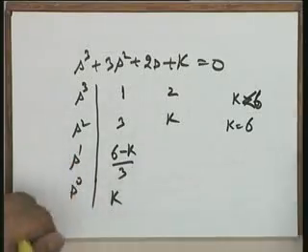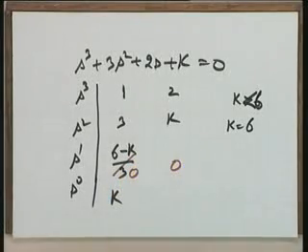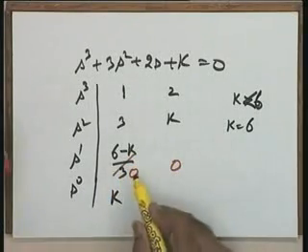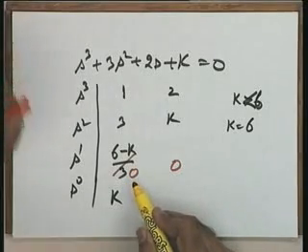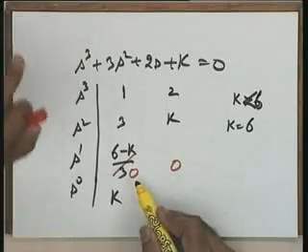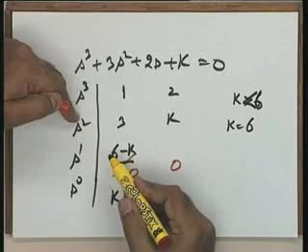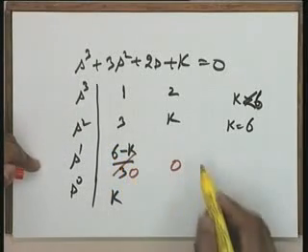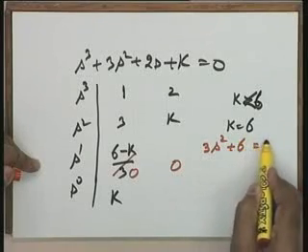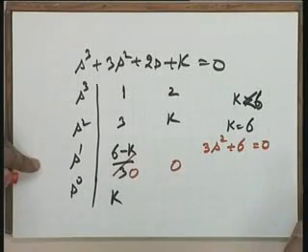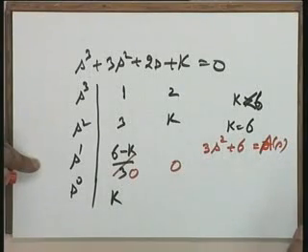So if I take k equal to 6, this element becomes 0, this missing element is automatically 0, which corresponds to a situation that an auxiliary equation is a factor of the original characteristic equation. An auxiliary equation you make from the previous row. Looking at the previous row, you get 3s squared plus 6 equal to 0 as the auxiliary polynomial.